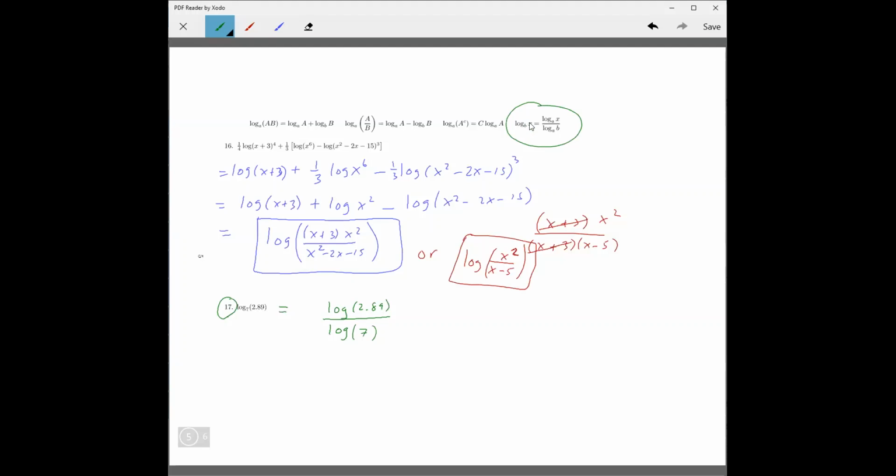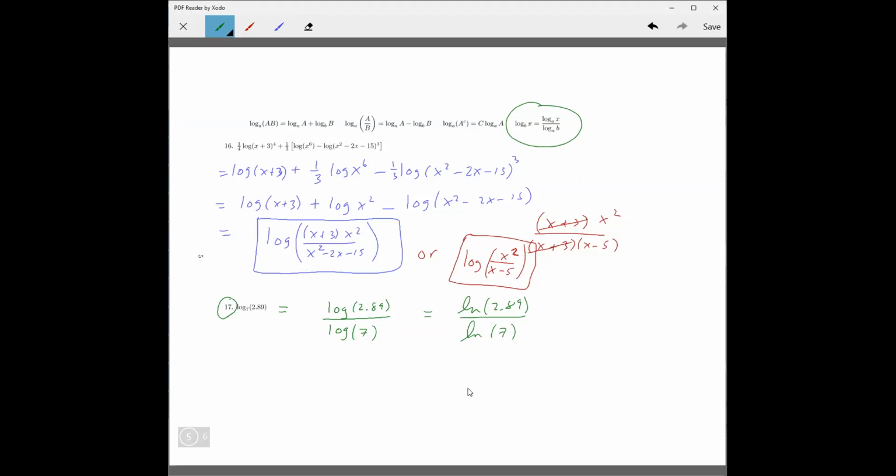So the log of the x would be 2.89, so that would be here. And the b would be 7, so that would be here. And then the a would be 10 in this case. If you're feeling common, then use this one, because that's the common logarithm. If you're feeling natural, then use this one. This is the natural logarithm.